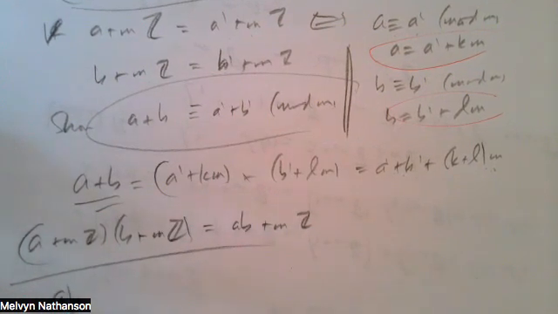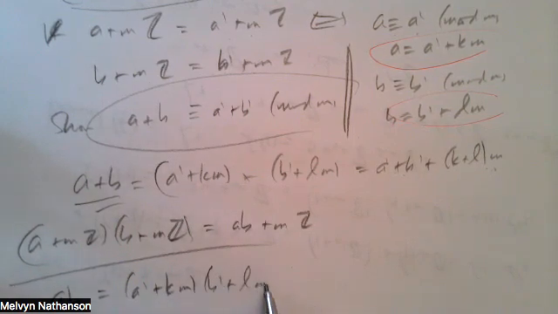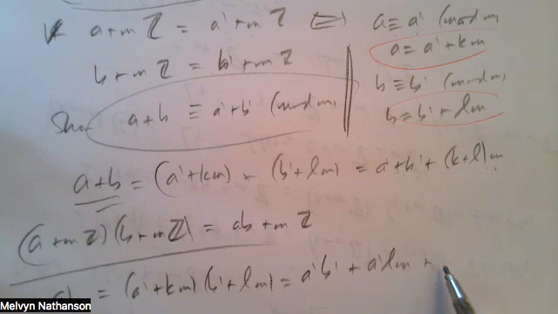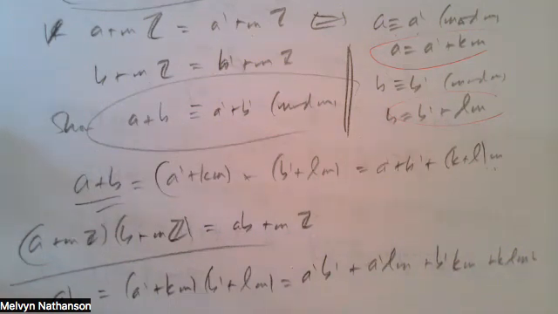So if I multiply AB, with A as A prime plus KM and B as B prime plus LM, this is A prime B prime plus A prime LM plus B prime KM plus KL M squared.